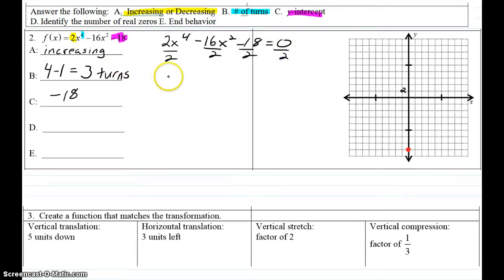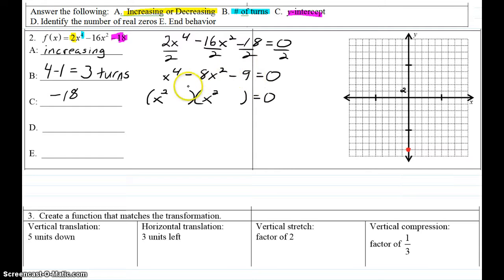And that gives me x to the fourth minus 8x squared minus 9 equals 0. And since it's a trinomial, we're going to try to just factor it. And so now look at the first term. And so right now x times x is x squared, and I need an x to the fourth. So if we do x squared times x squared, that'll give us the x to the fourth.